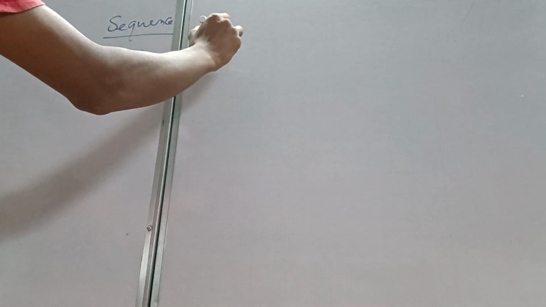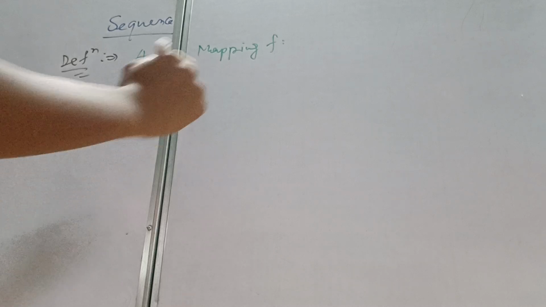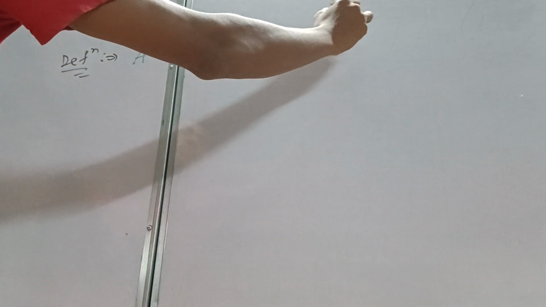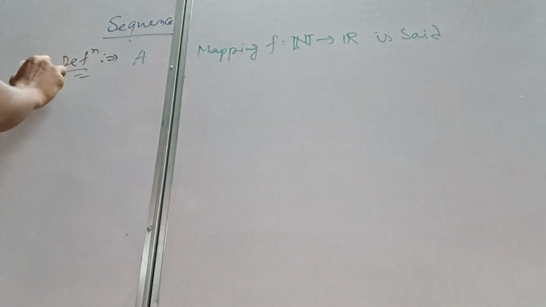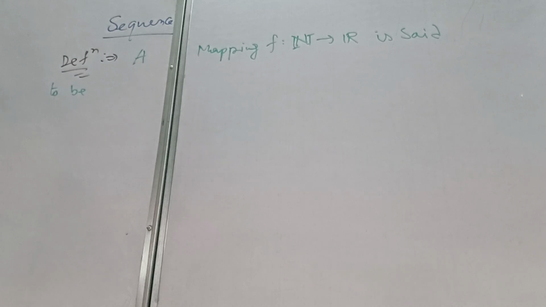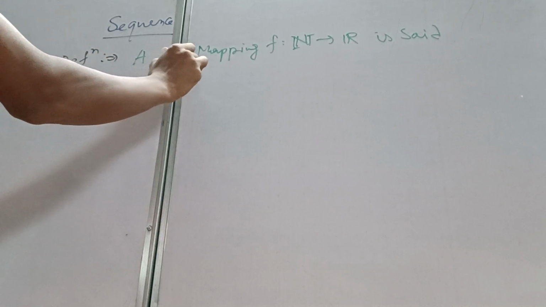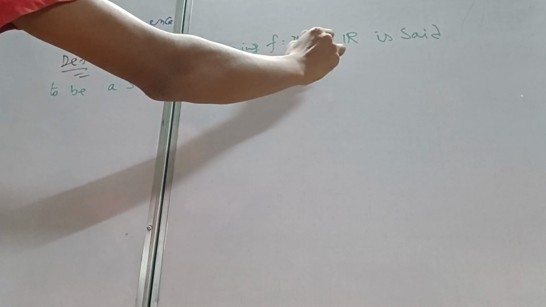A mapping from the natural number set to the real number set is said to be a sequence in R, or a real sequence.